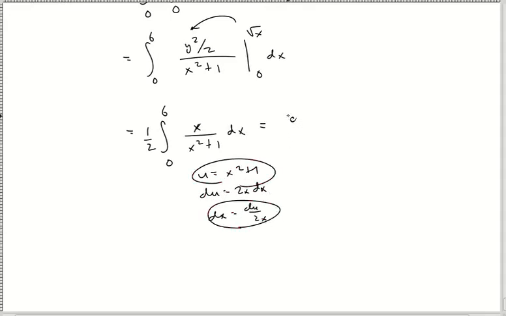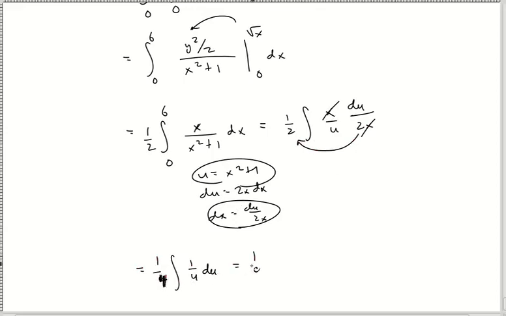Taking these two guys here, we got 1/2 integral of essentially x over u, du over 2x, and the x's cancel like we know they should. 2 comes to the front to make a 1/4 integral of 1 over u du. Don't mistake this, this is a 4, and that's a u. So 1/4, your integral right there of this guy would be an ln of u.